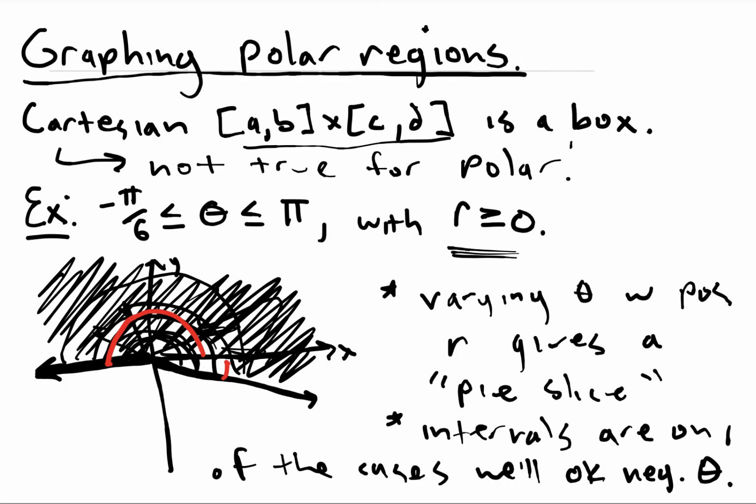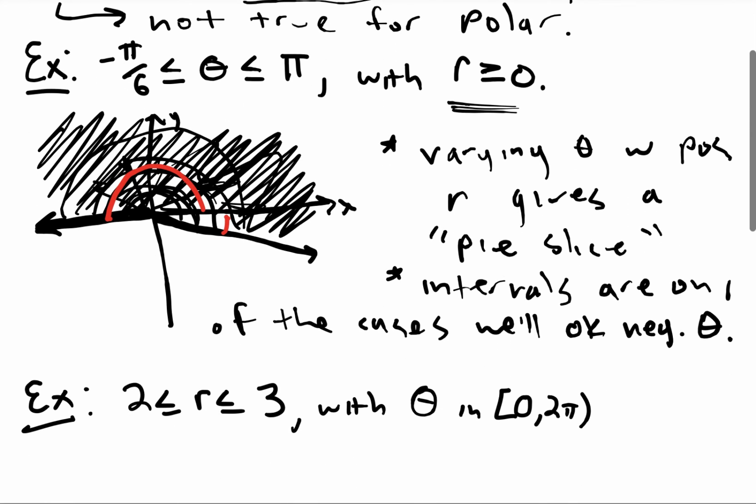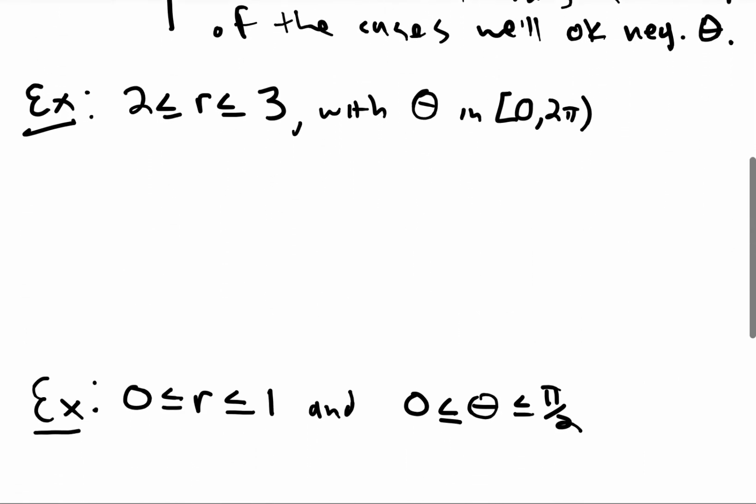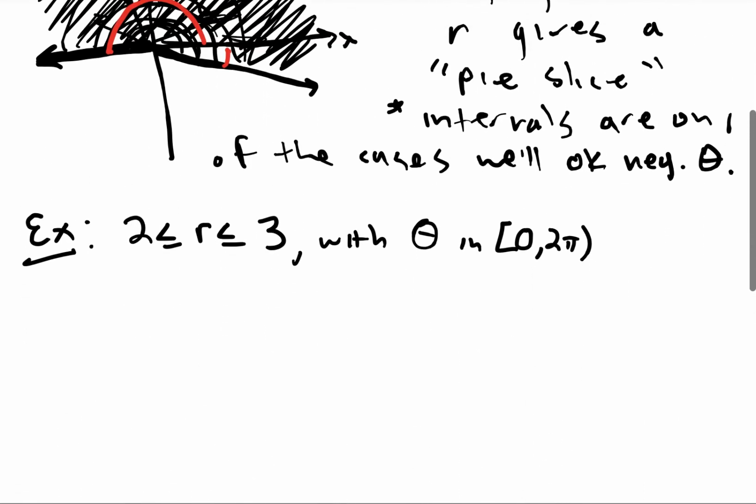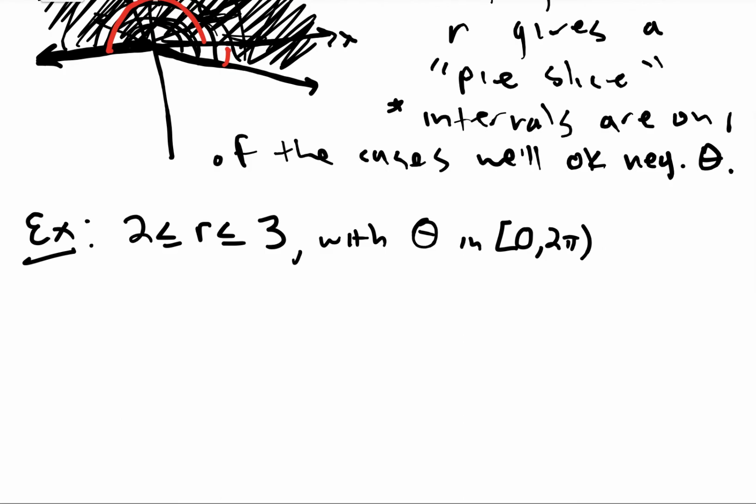Now, as far as other regions, I said that polar regions will help us plot things that are round. This other example will maybe demonstrate this a little better. Let's say that I restrict my r's, but I let my theta vary across everything instead. If my theta is allowed to run the gamut from 0 to 2 pi, this means I can go all the way around.